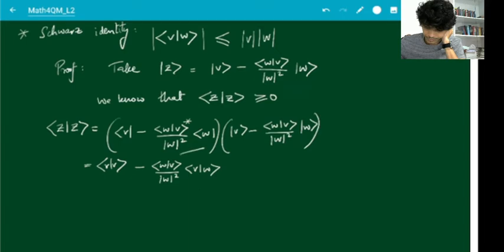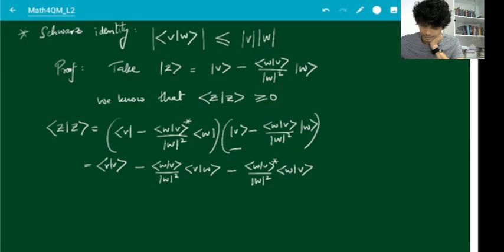Then this second term with the first term. So I will get minus w v conjugate over w squared, and then w with v, and then finally the last term.